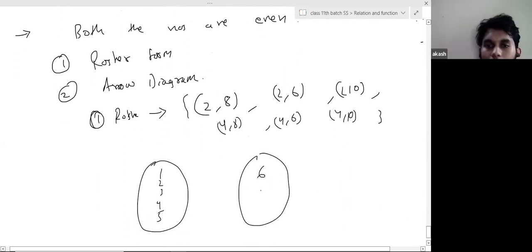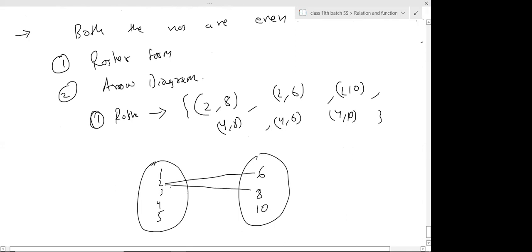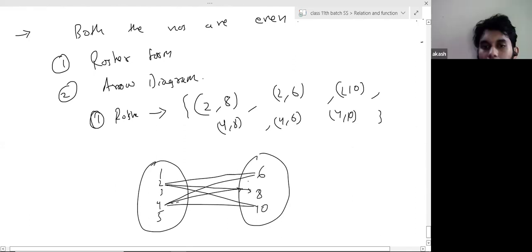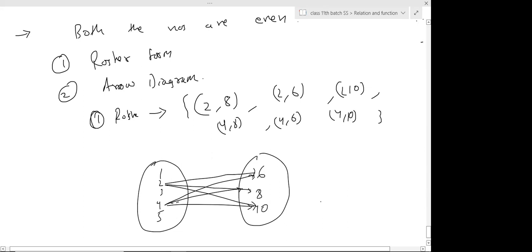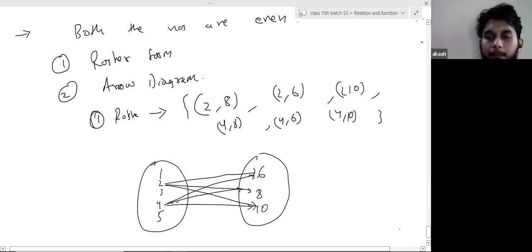So again we are going to draw all the numbers, and we are going to join the numbers that are related. And there should be arrows. Clear? Yes. Just note it down, the arrow diagram part.